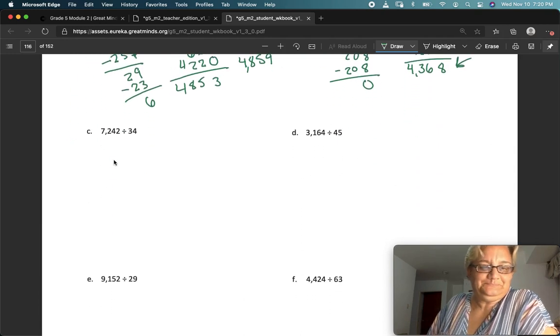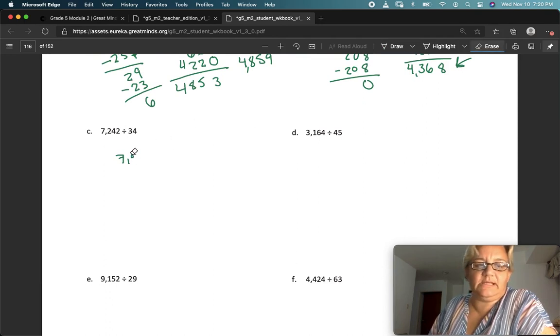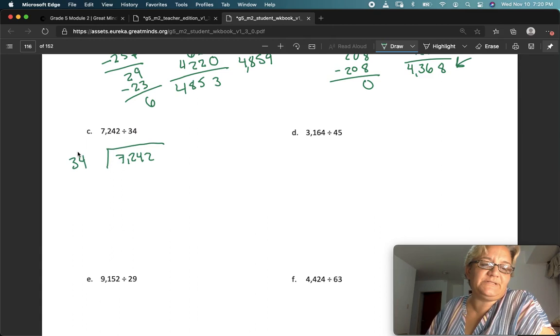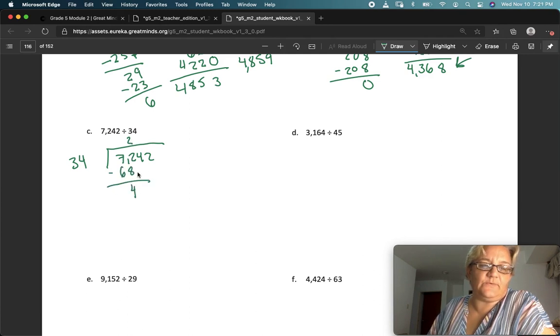Next one. 7,242 divided by 34. Well, 34 times 2 is 68, and that's just under 72, so let's go there. Okay, so 68, and 72 minus 68 is 4.